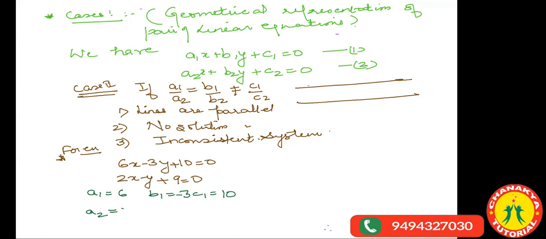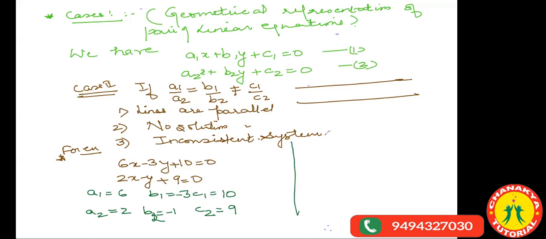Sudhamshu, tell me the values. A2 is 2, B2 is -1, and C2 is 9.